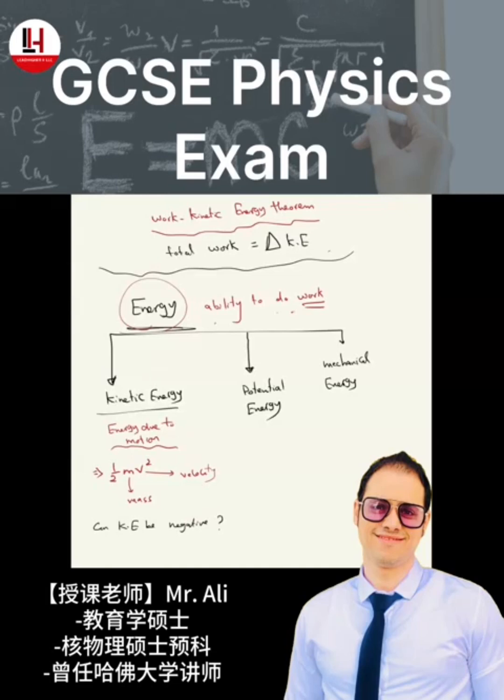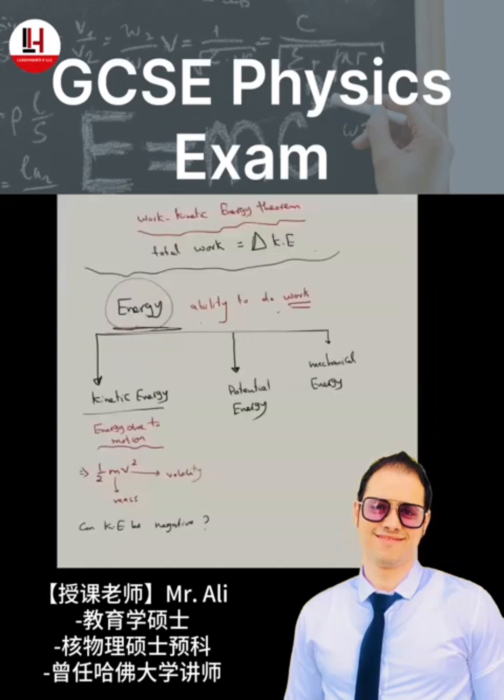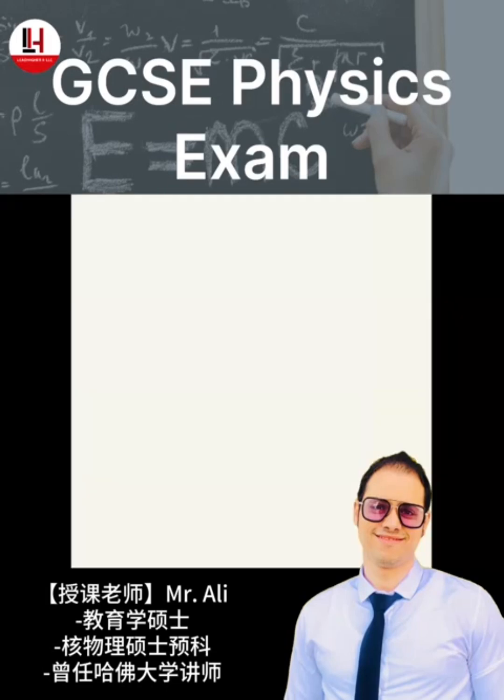Yes. Amazing. Perfect. You're smart. Why? Because it can go anywhere. No. Kinetic energy is half mass v squared. So v is velocity.